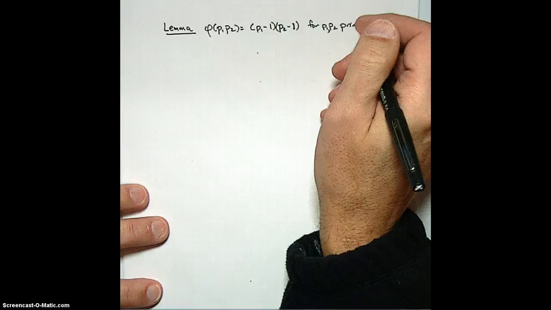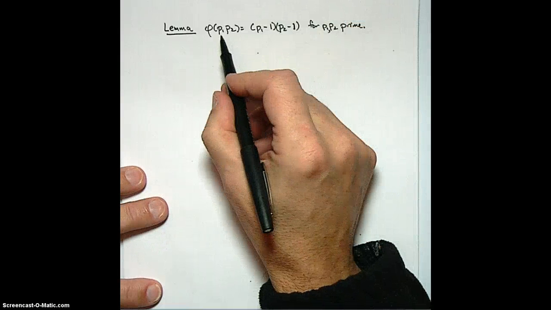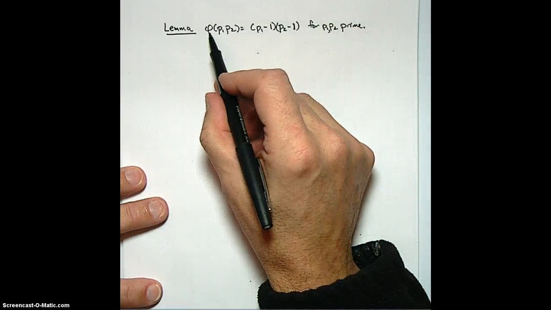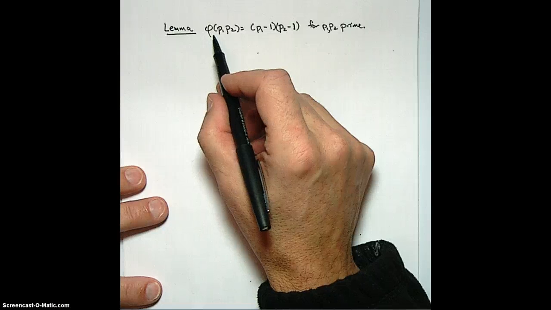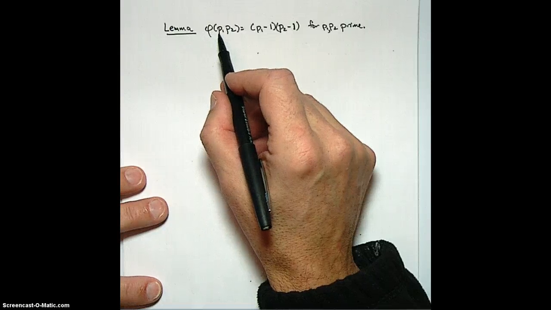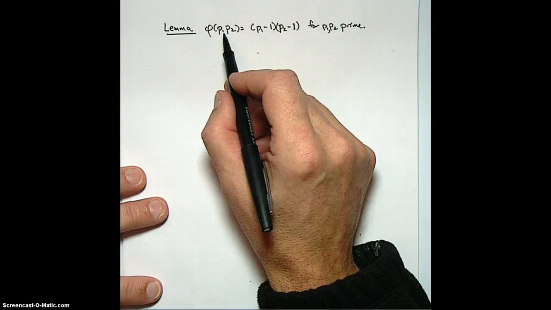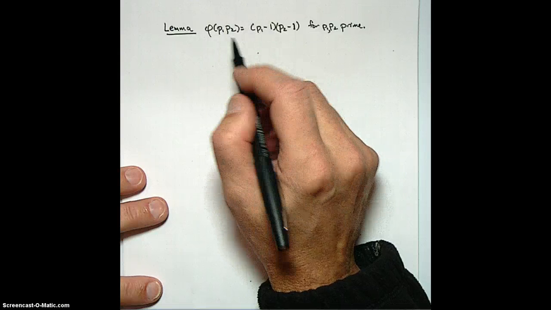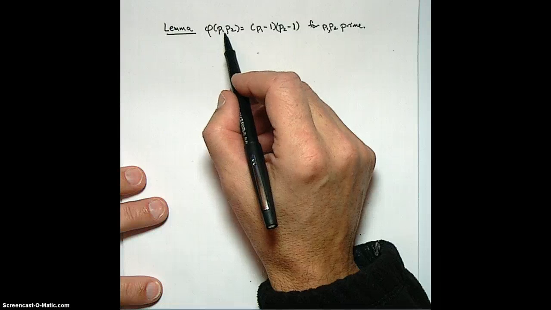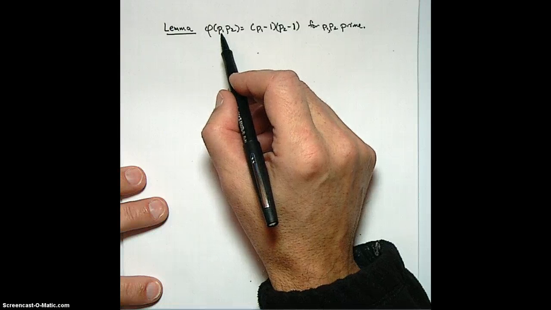Right. So let's see. We want to count the number of integers less than p1 times p2 that are relatively prime to p1 p2. Well, that means they have to be relatively prime to both p1 and p2.